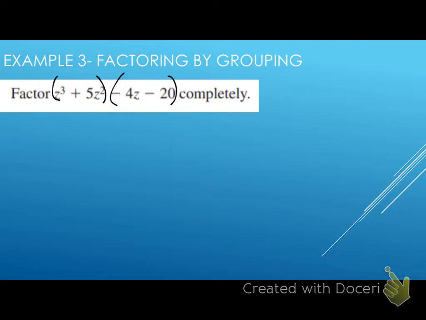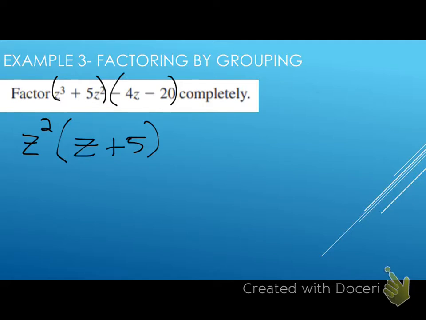Z squared. Does everyone see that? Z squared times what would give me Z cubed? Z. Z squared times what would give me 5Z squared? Everyone good with that part? Everyone with me?